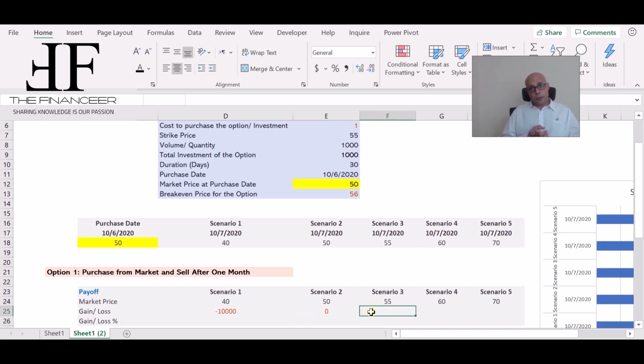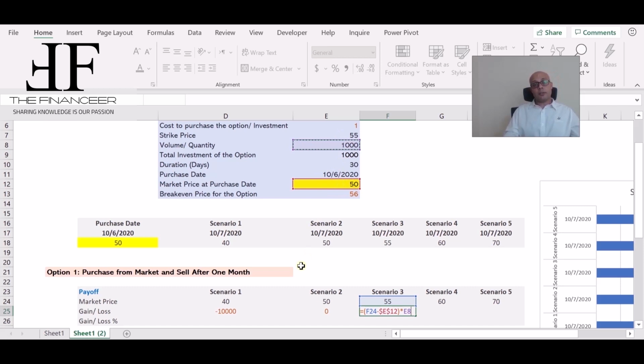In the third scenario, the market price will be more than the purchase price that you paid in the beginning. You paid $50 in the beginning, and now the market price is 55. So you started to achieve some gains. The gain here will be the difference between the market price and the purchase price that you paid in the beginning, multiplied by the number of shares that you purchased.